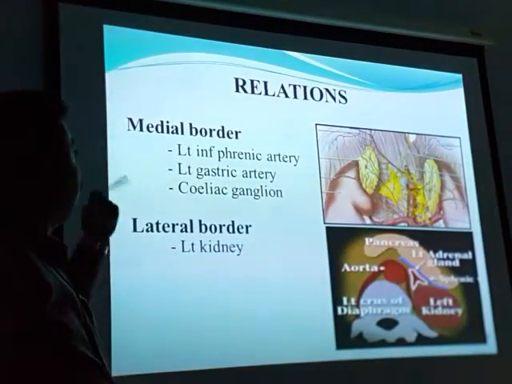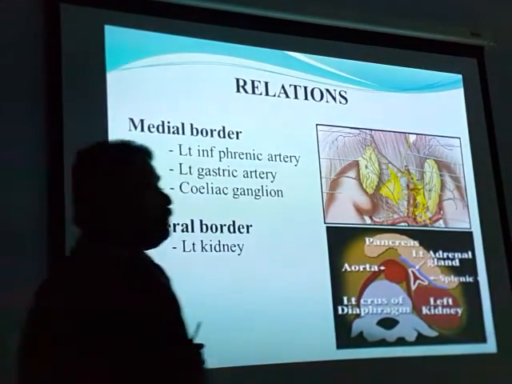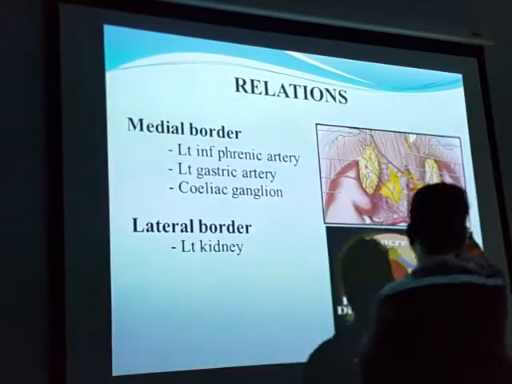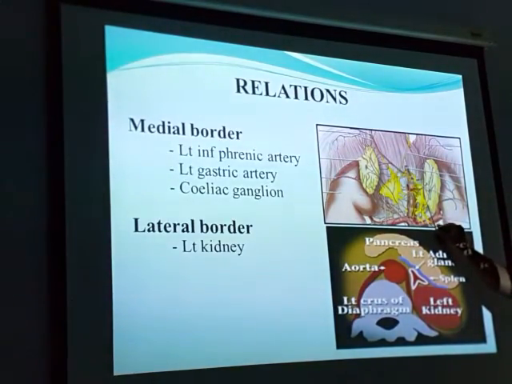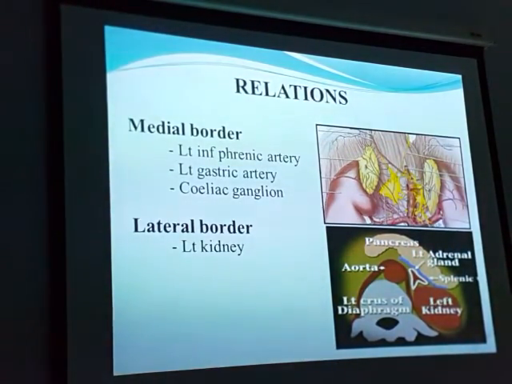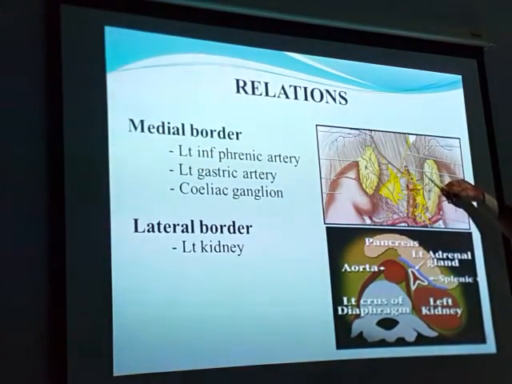Next is the medial border and the lateral border of the left suprarenal gland. The medial border of the left suprarenal gland is related with the left inferior phrenic artery, the left gastric artery and the celiac ganglia, whereas the lateral border is related with the kidney.